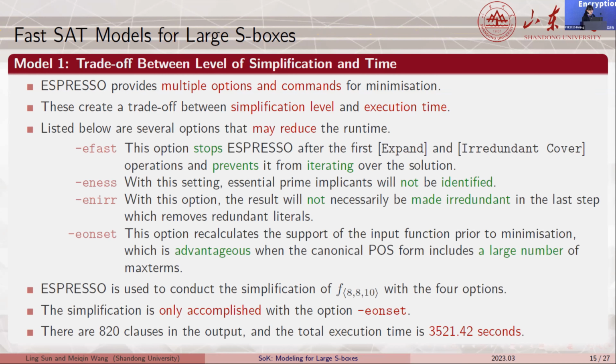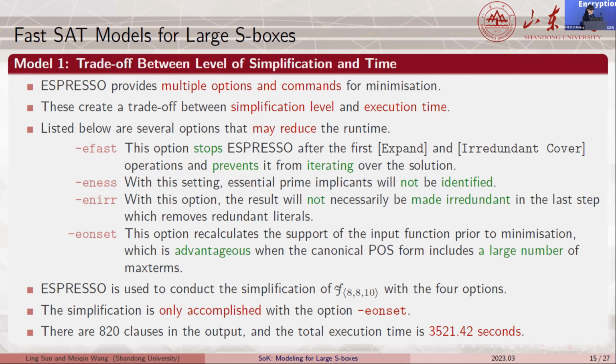Here, we list several options that may reduce the runtime, and it can be noticed that these options ignore or skip several operations in Espresso so that we can achieve potential acceleration. These options are used to conduct the simplification of this function. It is a 26-bit Boolean function and occurs in the description of the DDT for Skinny-128.